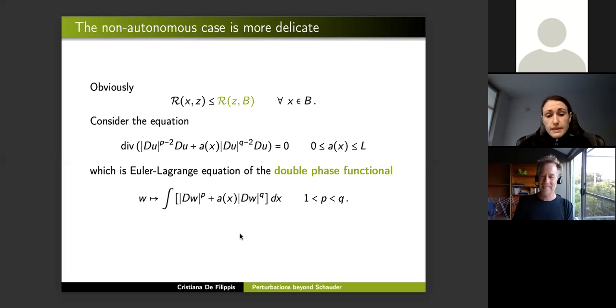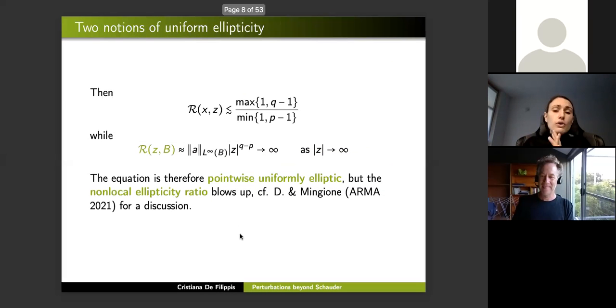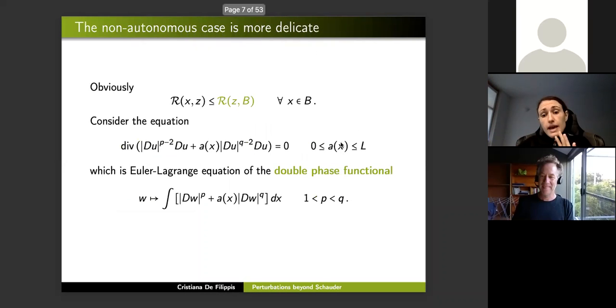And what happens here? Now, if we have a look at the pointwise ellipticity ratio, well, it is beautifully uniformly bounded. So according to the pointwise ellipticity ratio, the double phase energy is a uniformly elliptic operator because pointwise it is the sum of two powers. That's it. However, the non-local ellipticity ratio tells you to be careful because you see, a here is allowed to vanish.